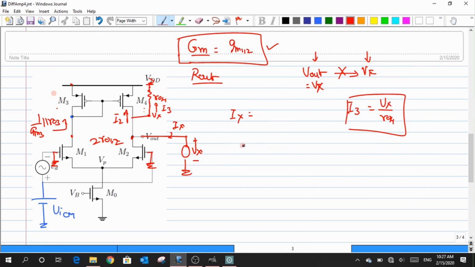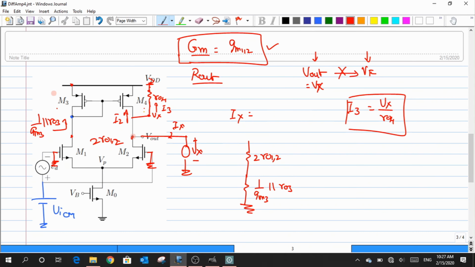So if you want, I will just redraw the structure. I have a resistance from this point to this point, and the value of that resistance is just this quantity. And from this point to this point, there is one more resistance, and that value is nothing but 1 by GM3 in parallel with RO3. Okay. Now, at the end of this particular path, this is connected to my VDD. So when I translate to my small signal model, that goes to an AC ground, due to which I put a ground here.